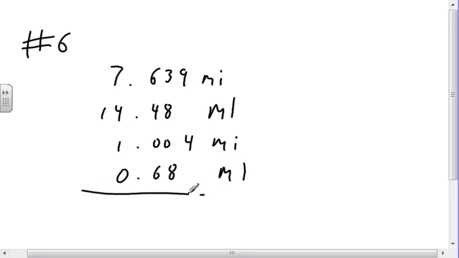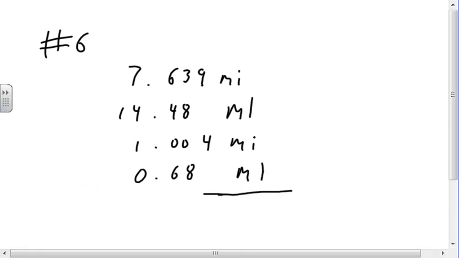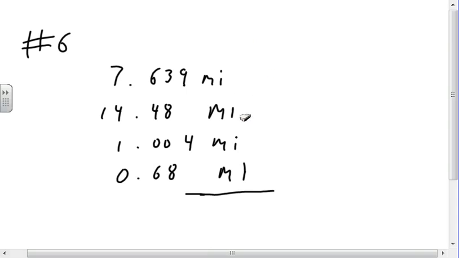Alright, so I'm going to add those together. And what am I going to get? 3, 1 to carry, 9, 1 to carry, 7, 1 to carry, 3, 1 to carry 2 miles.